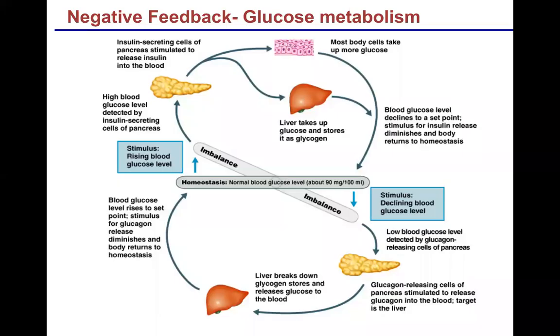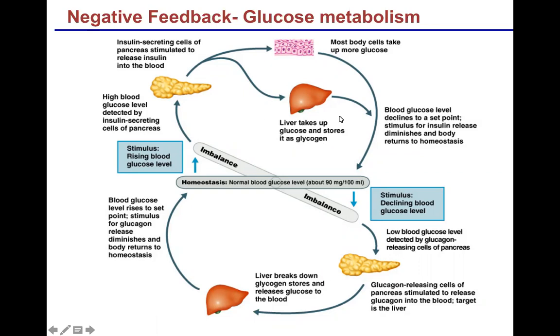Both of these hormones, insulin and glucagon, are required for glucose metabolism, but they have opposite effects. What insulin does is, whenever there is sugar or glucose in the blood, it takes up glucose from the blood and stores it in the liver in the form of glycogen.